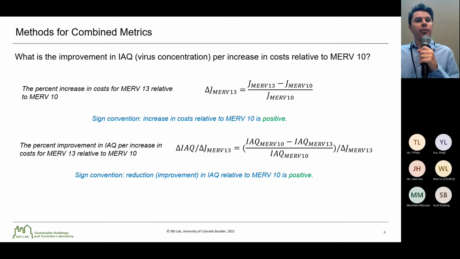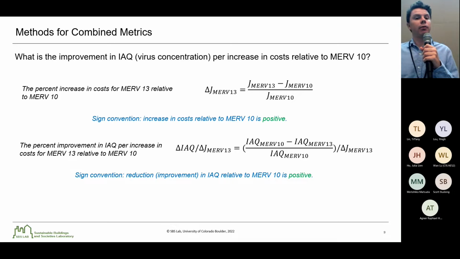And then we can quantify the percent improvement in indoor air quality per increase in costs by dividing the change in air quality by this calculated increase in costs. In this case, we determine a reduction or improvement in indoor air quality, for example a reduction in virus concentration, is positive. That way we can be consistent with our science. And this is typically what we'll see for the mitigation strategies: they will improve the indoor air quality, but have some penalty in terms of costs.